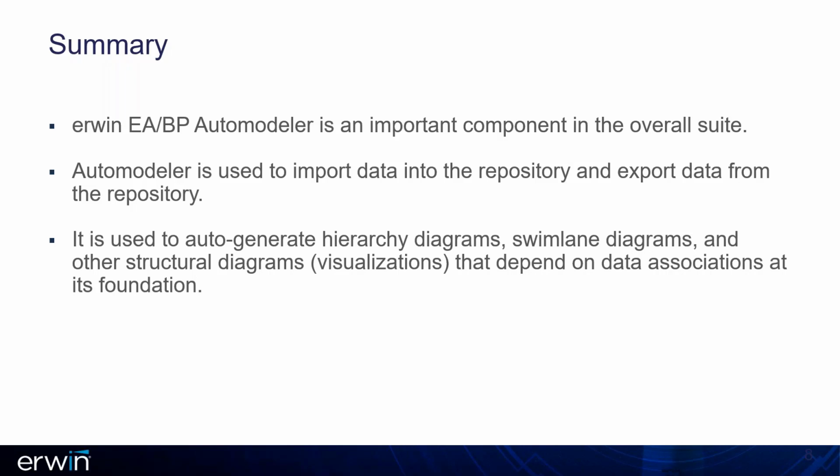It's also used to auto-generate hierarchy diagrams, to add swim lanes to diagrams, and to create other structural visualization diagrams. And all of these depend on the associations being created. Associations, properties, all of that can be modified and loaded back in with Automodeler.